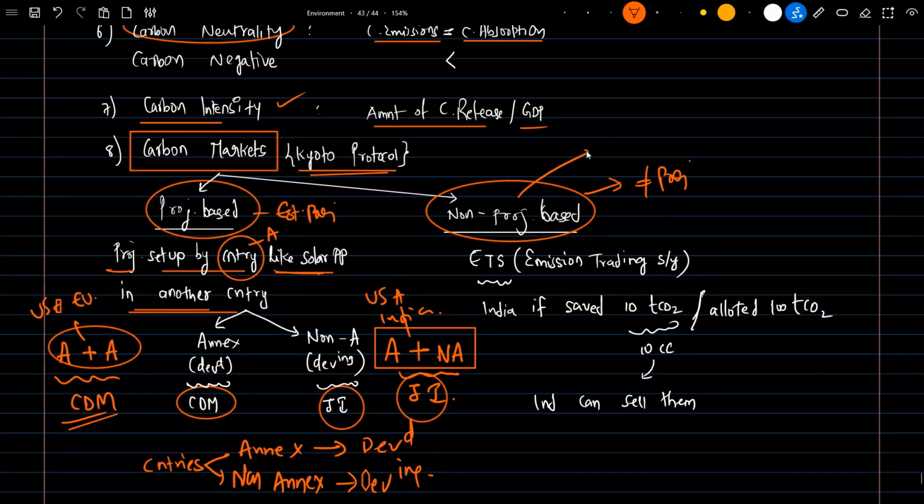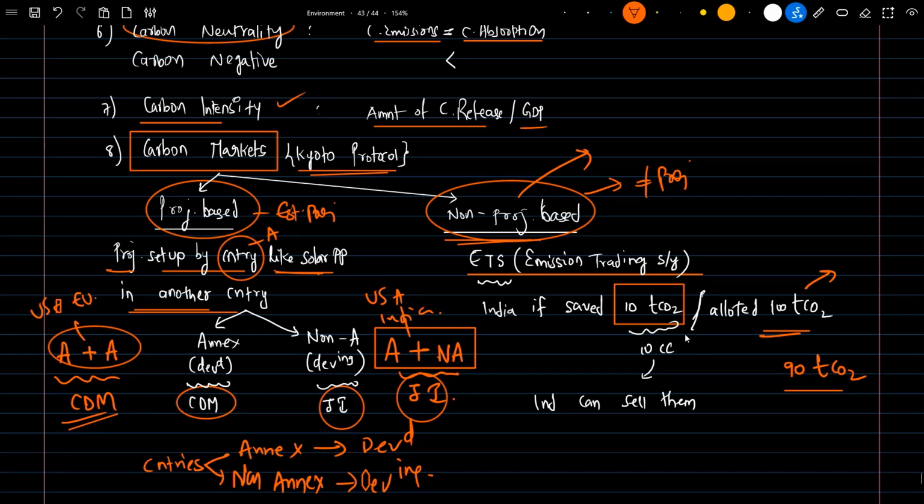Now coming to non-project based. What is non-project based? Non-project based is the concept under emission trading. Let's say India has been allotted 100 tons of CO2 to release. So India can emit 100 tons of CO2 into the atmosphere. This is permitted. But India has emitted only 90 tons of carbon dioxide. So 10 tons of CO2 is saved.